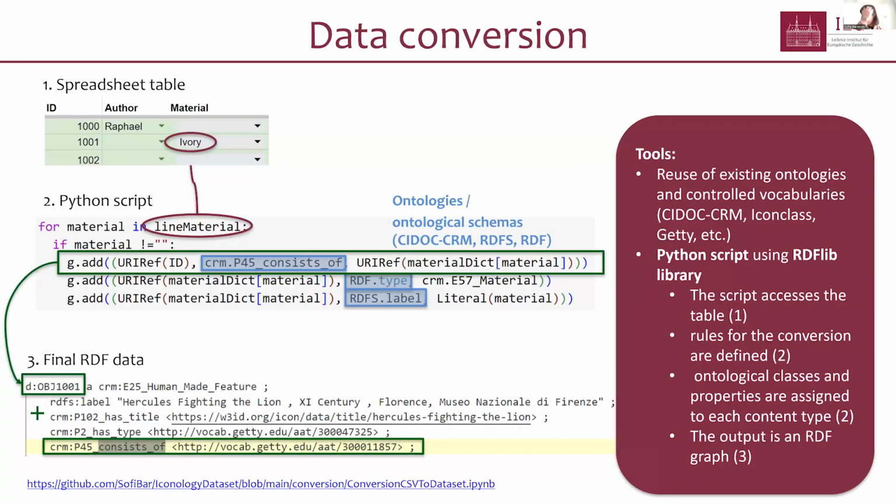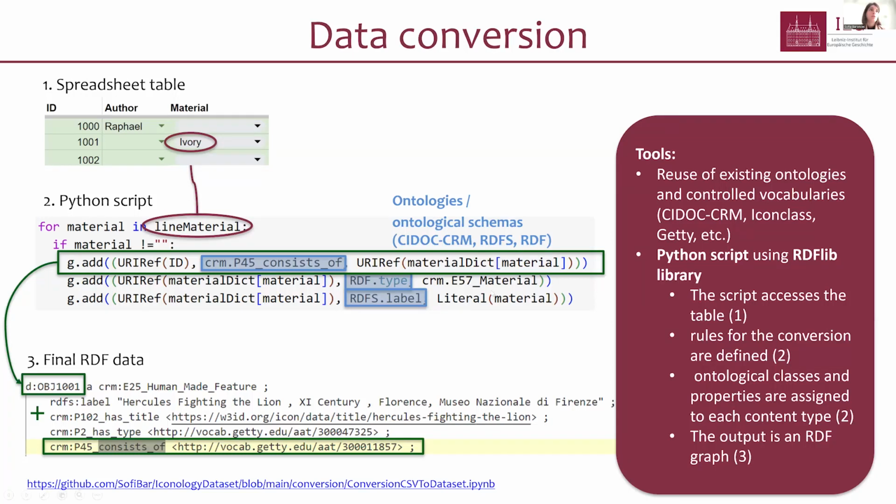And then, as I said, the structure of the table is very related to the ontological modeling that I used. I used a Python script to access the spreadsheet table and convert such information into the final RDF data.